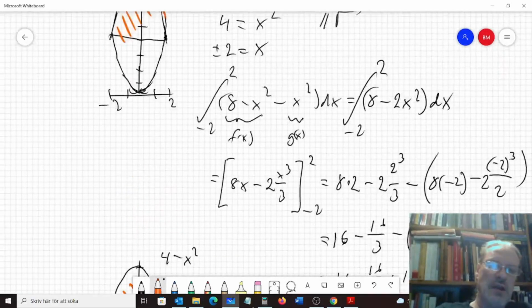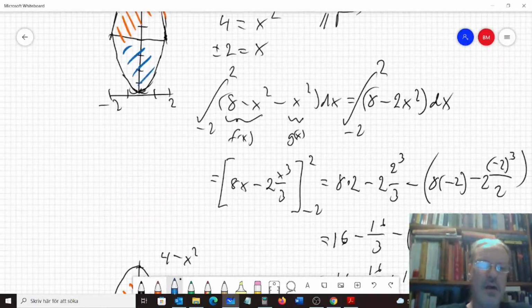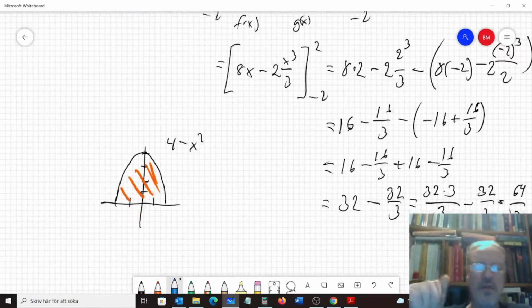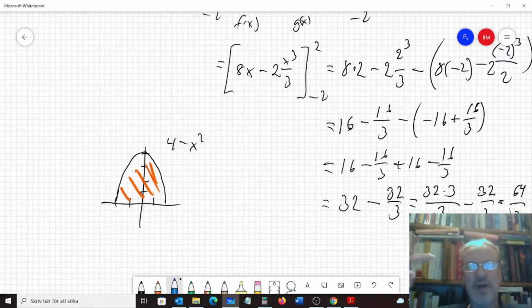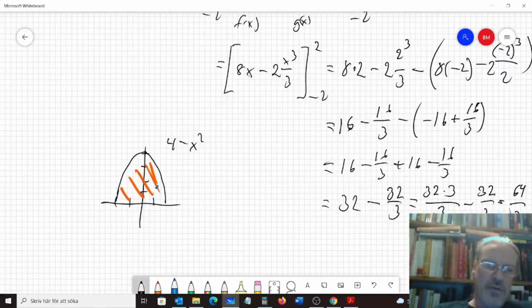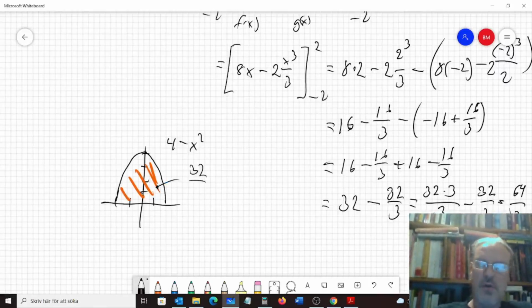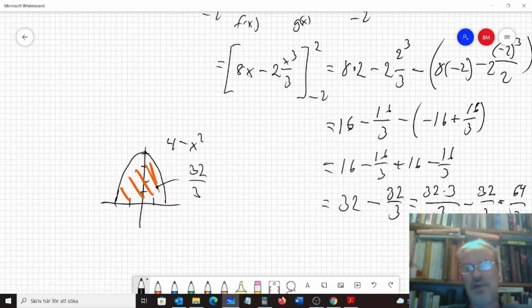And since the lower part of the graph, this half, is just the other one upside down, it will be the same area, so the area will be twice of this. And as we saw previously, the area of this is 32 over 3, and that times 2 is 64 over 3.